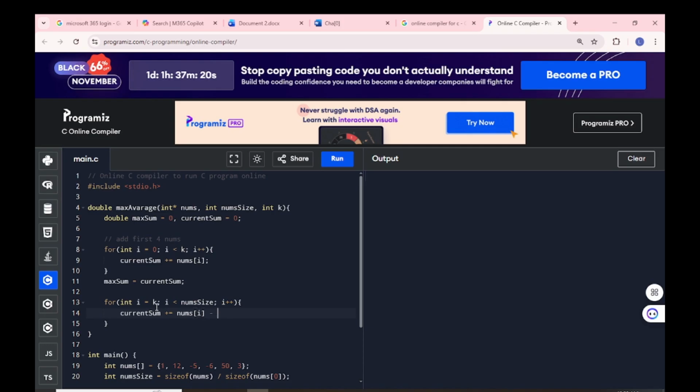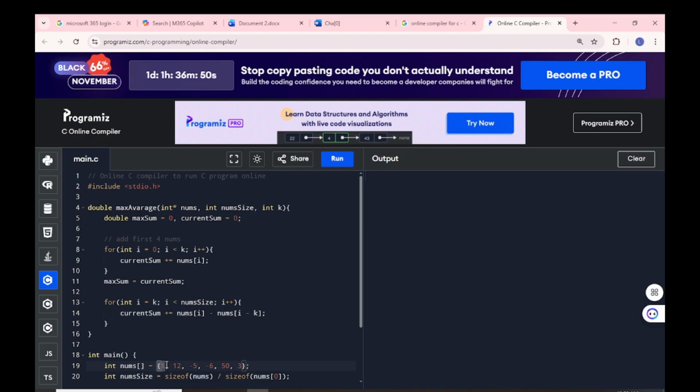I minus nums I minus k. So that means, guys, current sum means the sum of the first four, and with the sum of the first four we are adding nums I, that means the later one, this 50 maybe, and then we are subtracting the first one.